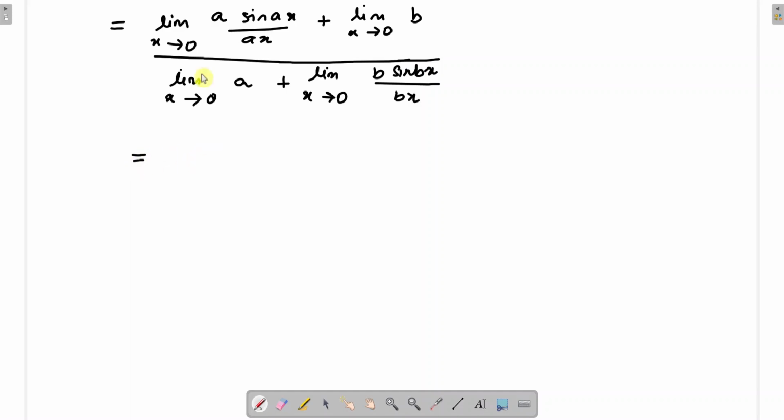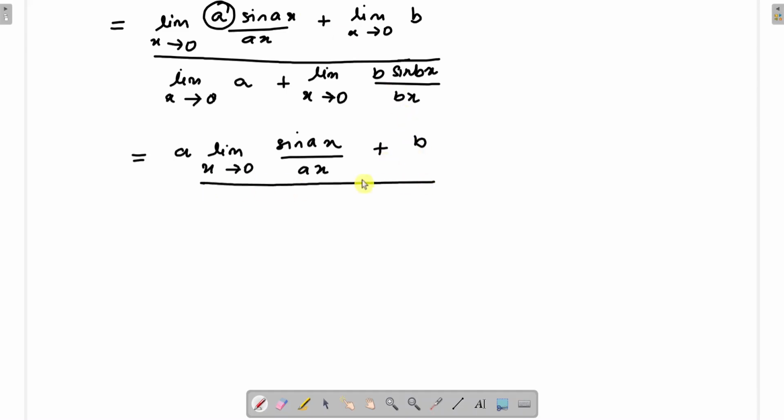And so this will be equal to, now a will come out because it is a constant, right? So a times limit x tends to 0 sin ax divided by ax plus limit x tends to 0 of b, it is the same thing b, because limit of a constant is the constant itself.